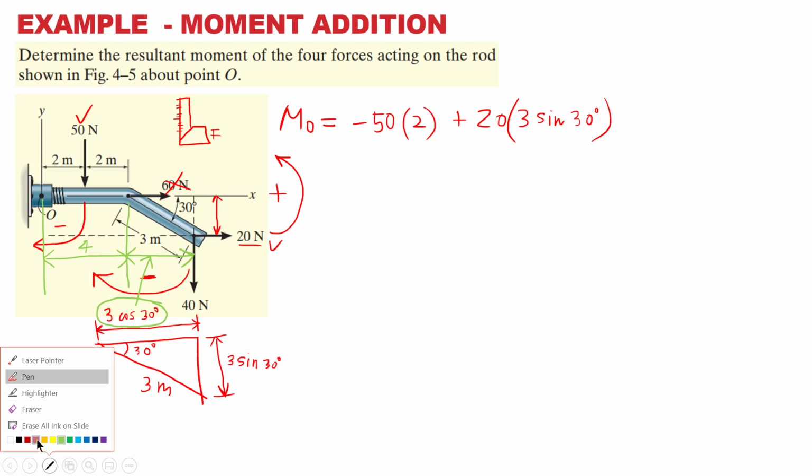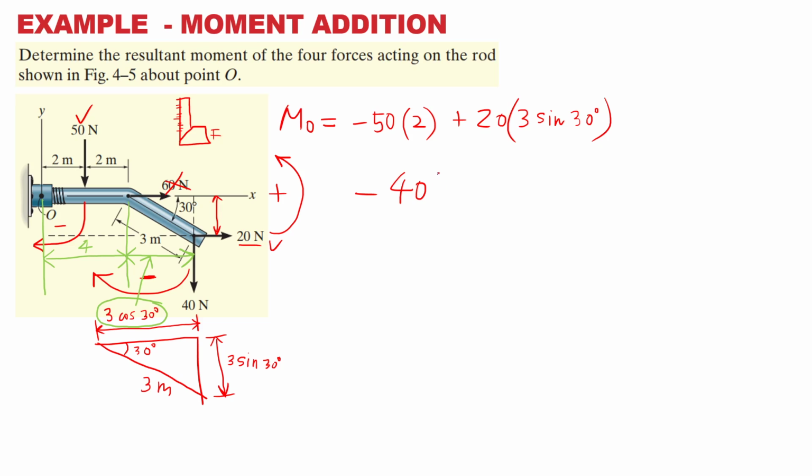Merah jugalah. Okay, so remember it's a negative. Negative 40 Newton, 40 kali distance. So distance dia adalah 4 meter campur 3 cos 30 degrees.